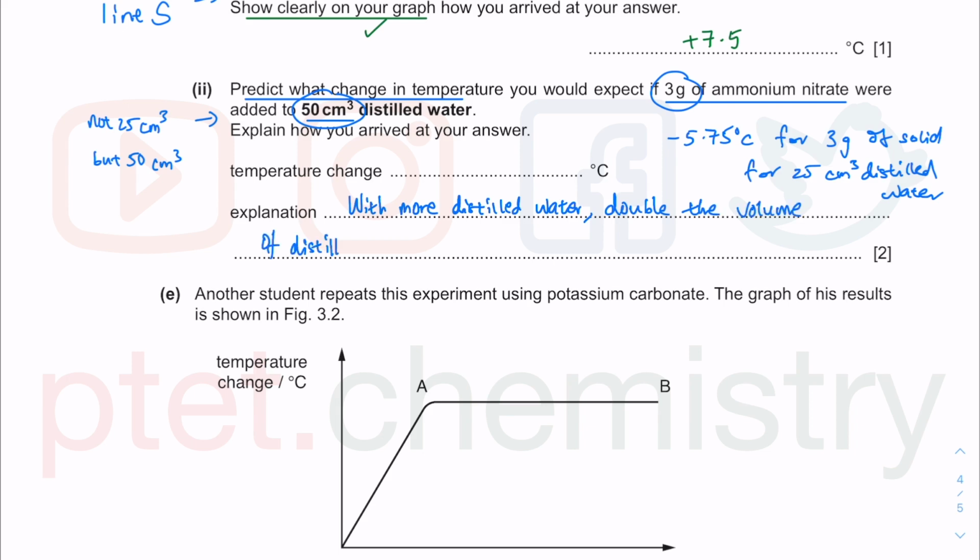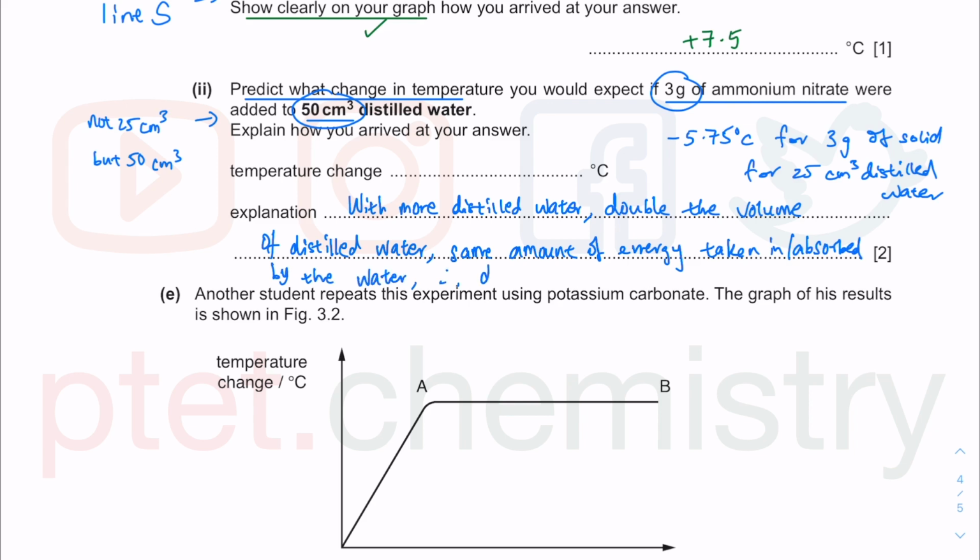You need to heat up twice the amount. So same amount of energy. Oops, sorry, not heating, but it's taking in, right? So you have more water, and therefore the same amount of energy is taken in or absorbed by the water.